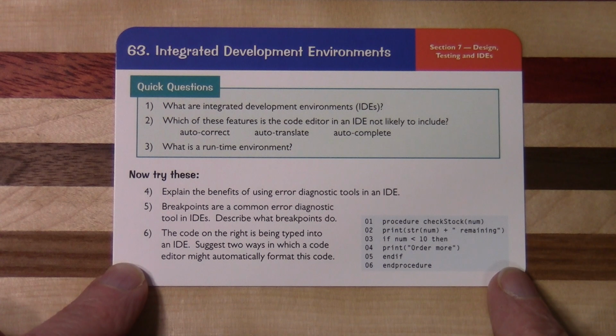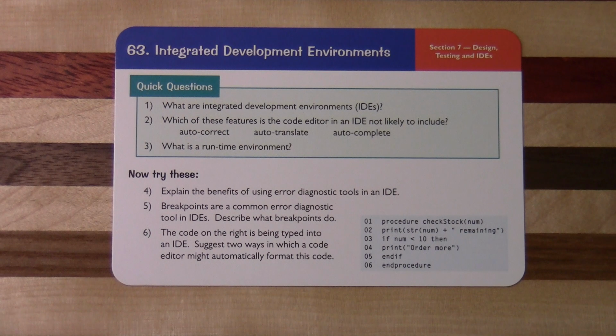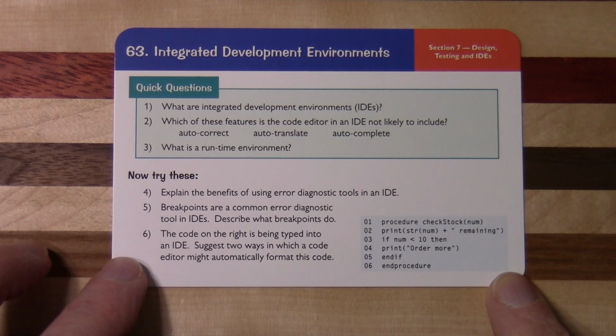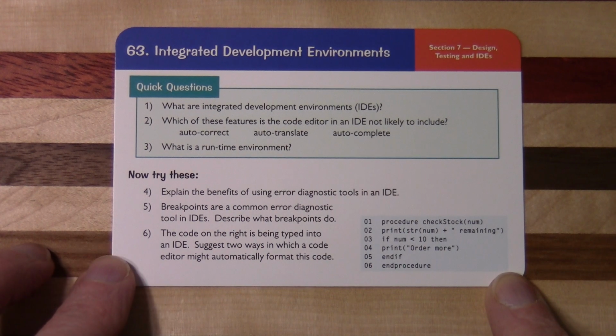The code on the right is being typed into an IDE. Suggest 2 ways in which a code editor might automatically format the code. I'm trying to look to see what that's in. What are we looking at here? Oh yeah, we're going to have some indentation going on there because of the if statement. And yeah, I suppose some indentation because of the procedure as well.